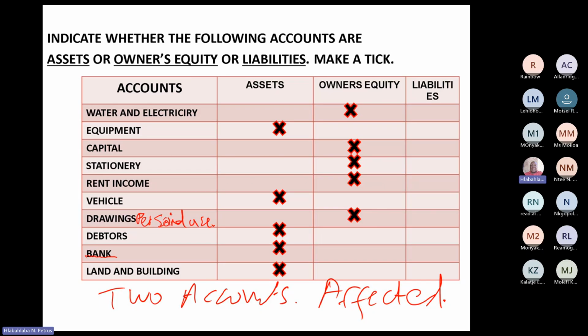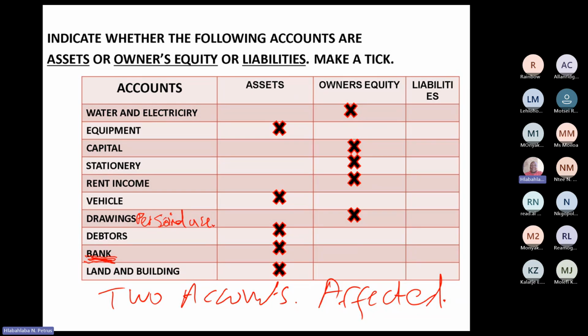Just remember that. Now, because we are going to do the accounting equation of cash payment, just know that bank will always be affected. And what you should do is check what is being paid. What is the business paying for?